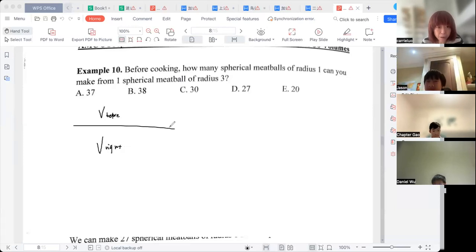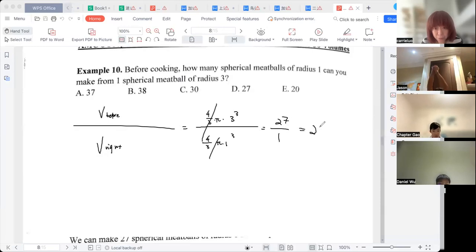Using volume of before divided by volume of right now, then you get how many meatballs you can make, correct? So volume of before is 4/3 times pi times 3 cubed, right? And right now is 4/3 times pi times 1 cubed, correct? So all you need to do is just using 27/1 equals 27.